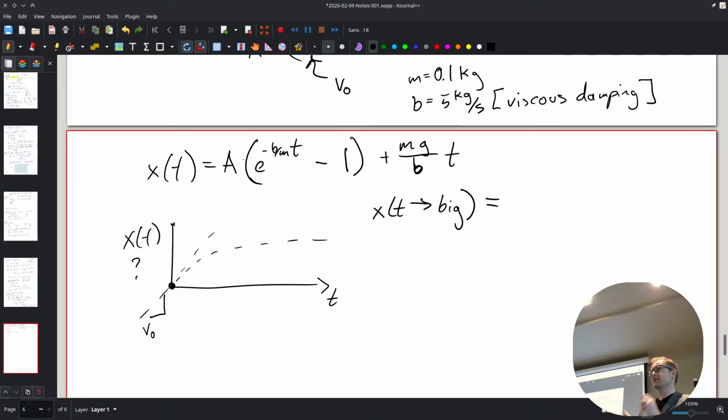It approaches a limit. It's going to start to look like a linear equation, because the e to the negative b over m t is going to approach 0. Then the sum is just going to be negative mg over b, the constant value. Just some slope, right?